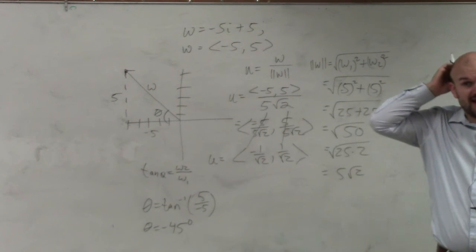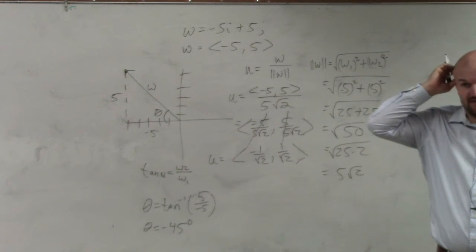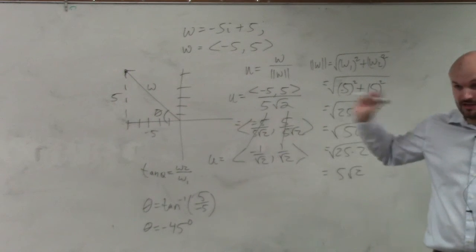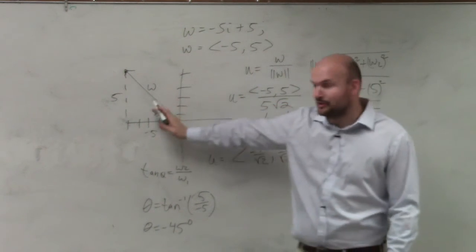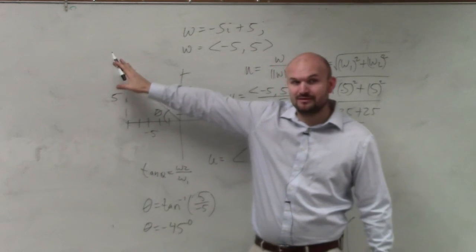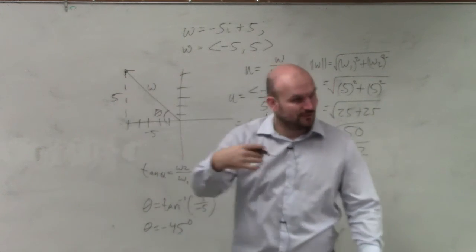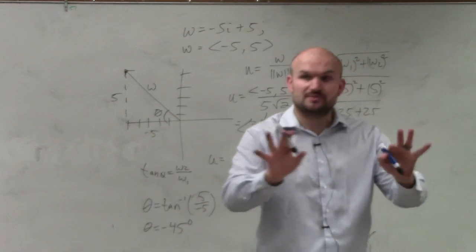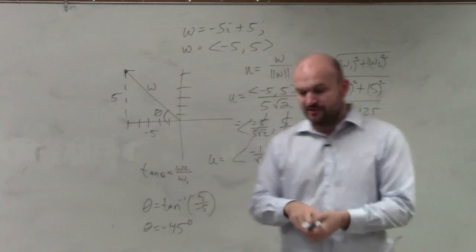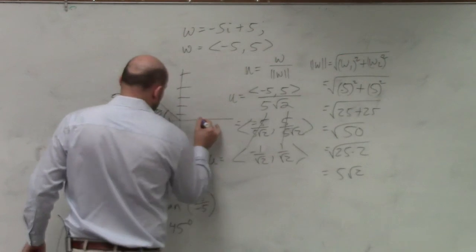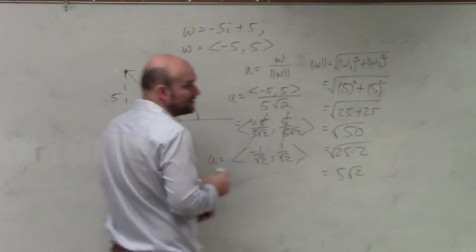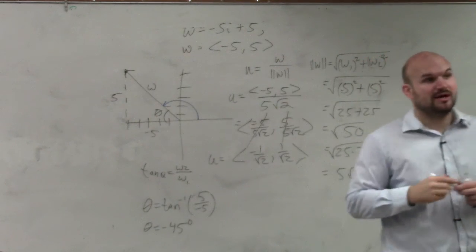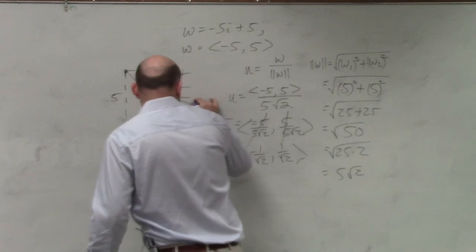If I said come pick me up at negative 45 degrees, standard position, are you going to go to this vector in the second quadrant? No. Unless we're talking about navigation, the way we represent vectors is in standard position.